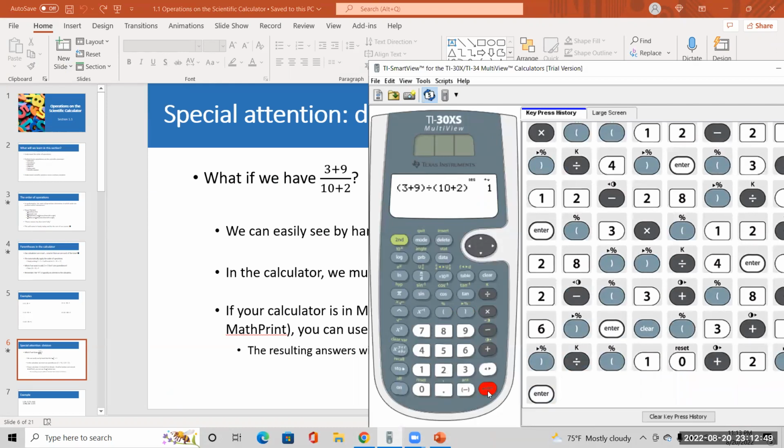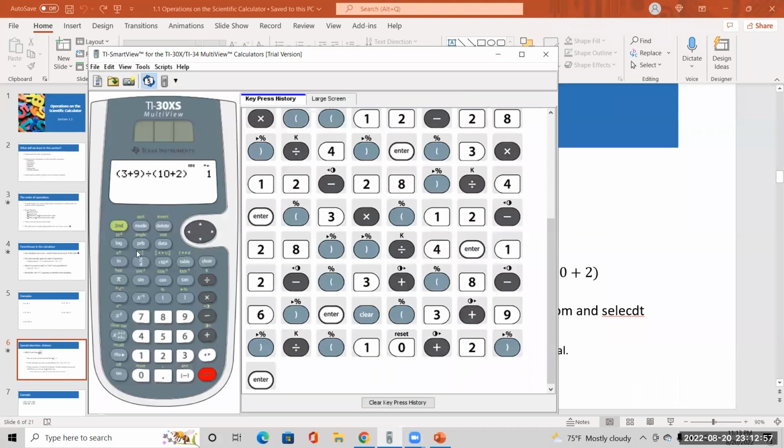Now, if your calculator is in math print, which to get to math print, you can go to mode right here and scroll down to right here and make sure that math print is highlighted. Then you can also use this other little button here.